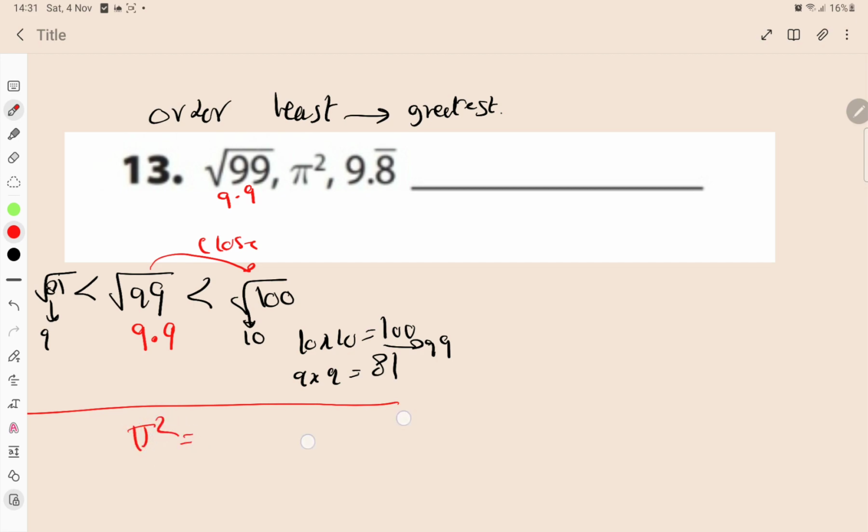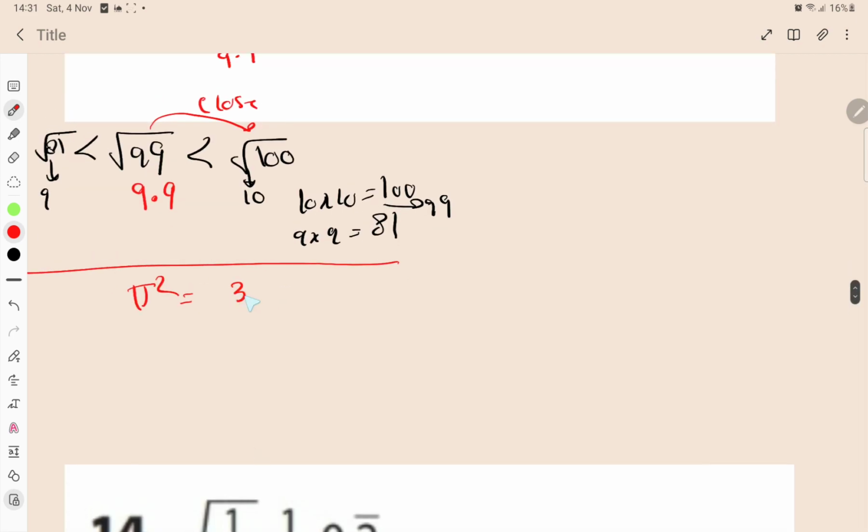What is pi squared? Pi squared is pi times pi, which is equal to 3.14 times 3.14, because pi is equal to 3.14. Multiply. 4 times 4 is 16. 6 and carry 1. 4 times 1 is 4 plus 1 is 5. 4 times 3 is 12.